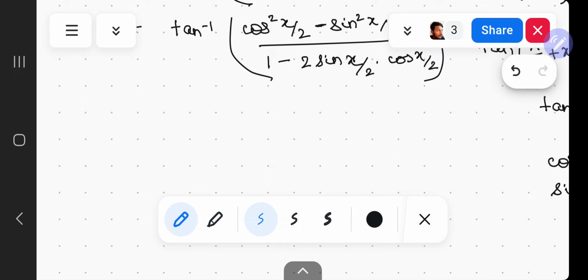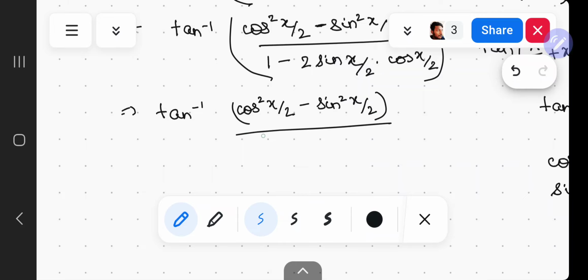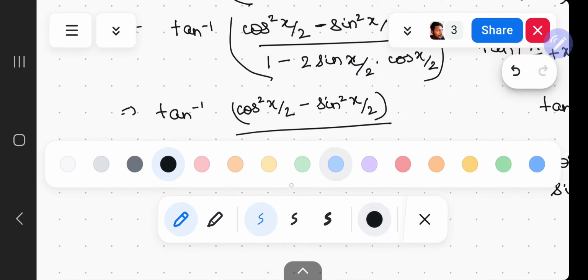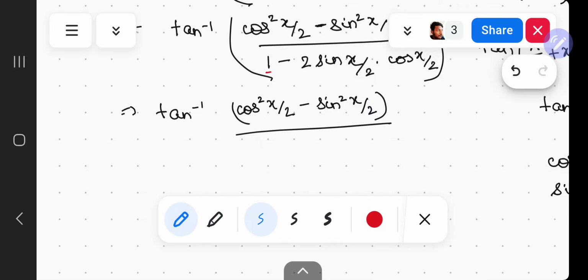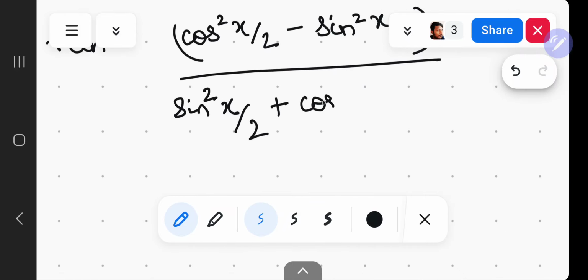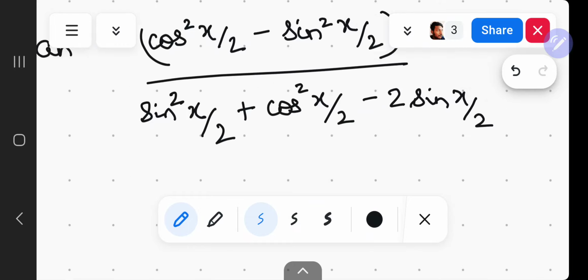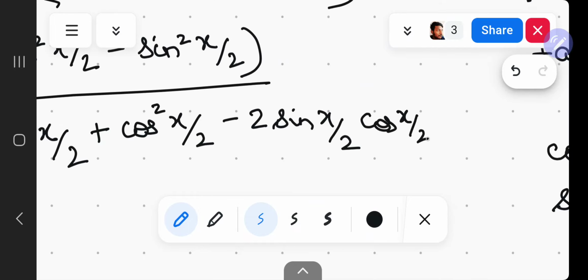Now it will be tan inverse cos square x over 2 minus sin square x over 2 divided by, this one we will write as sin square x over 2 plus cos square x over 2 minus 2 sin x over 2 and cos x over 2.